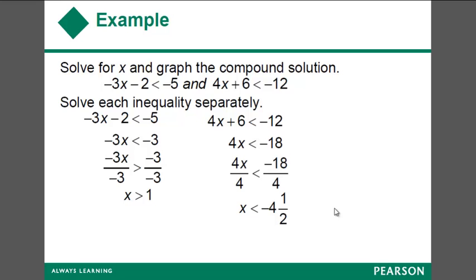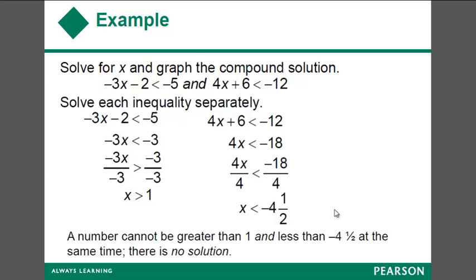It's not possible. A number that would satisfy both of these is not possible. So there's not a number that is greater than 1 and less than negative 4 1/2 at the same time. This compound inequality has no solution.